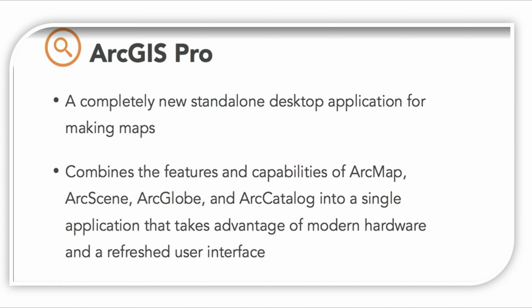ArcGIS Pro can be installed right along with the other Esri ArcGIS software, or it can be installed on a computer without any other Esri products. For most people, ArcGIS Pro will simply be an additional resource that they have at their disposal for making maps, and it won't fully replace any single program that they are currently using for their day-to-day work.